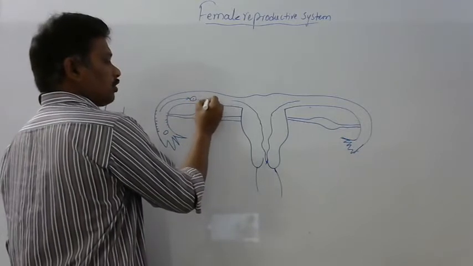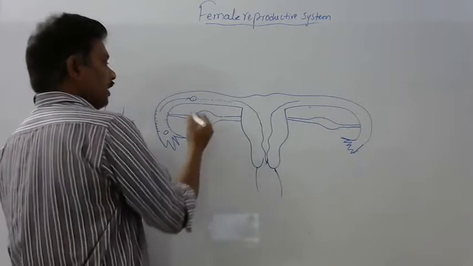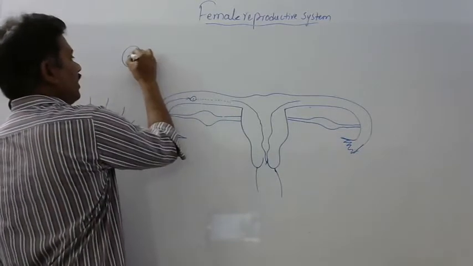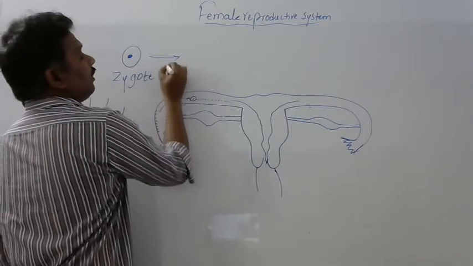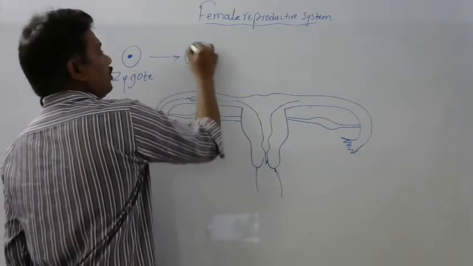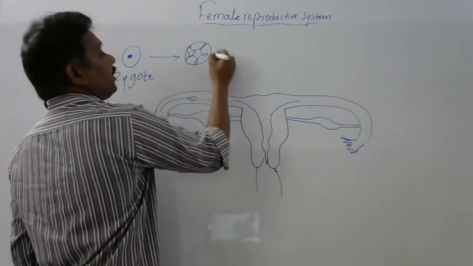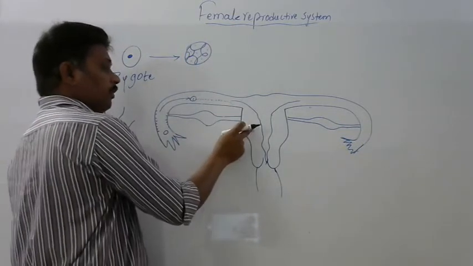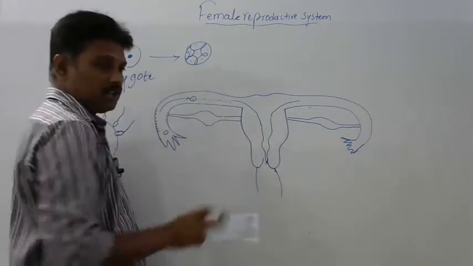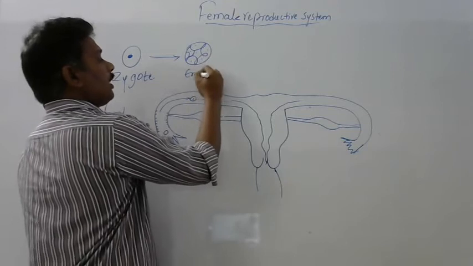This zygote slowly moves towards the uterus. While moving, the zygote undergoes cell division and produces a multicellular embryo. By the time it reaches the uterus, it has changed into an embryo.